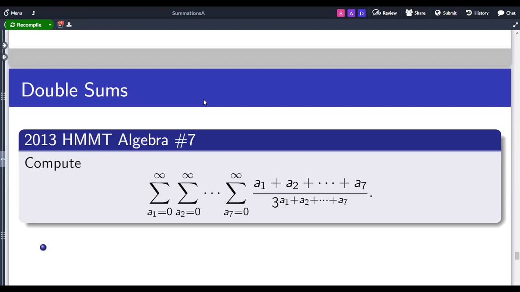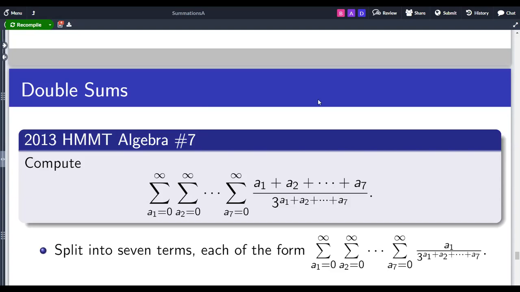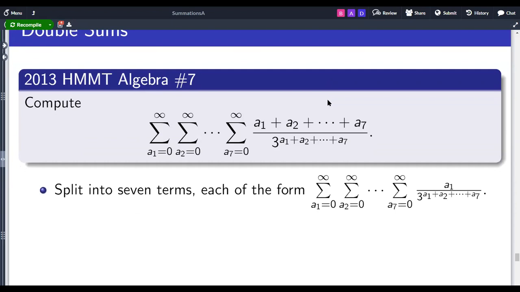So we just split it into 7 terms that all just look like that, and then this is, of course, 1/7 of the answer. So now where should we go from here?